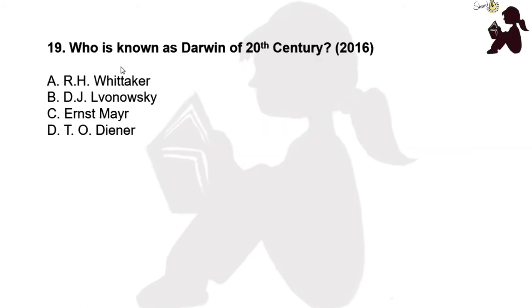The next question is, who is known as the Darwin of the 20th century? Option A, R.H. Whittaker. Option B, D.J. Levensky. Option C, Ernst Mayr. And option D, T.O. Diner.